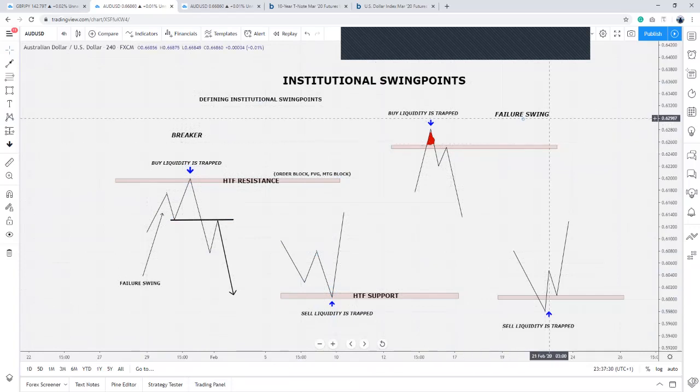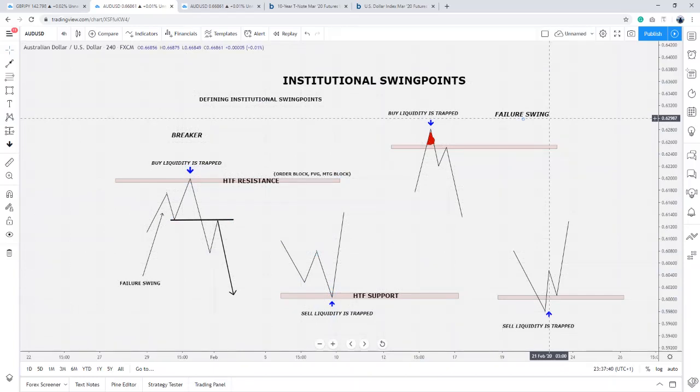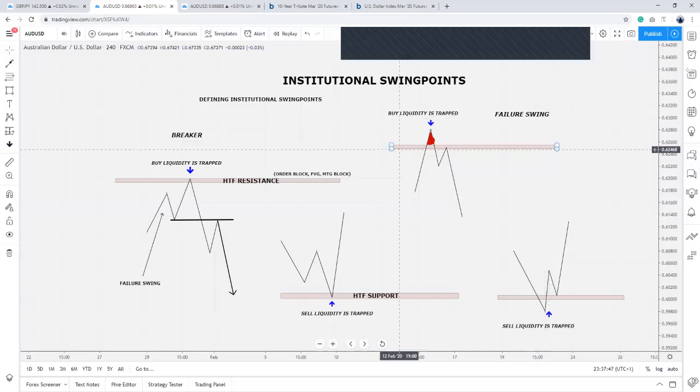So now, what is the failure swing? All right. So with a failure swing, as always, you want to have your higher time frame resistance level, or higher time frame support level, identified beforehand, and you're looking at how price reacts around that level.